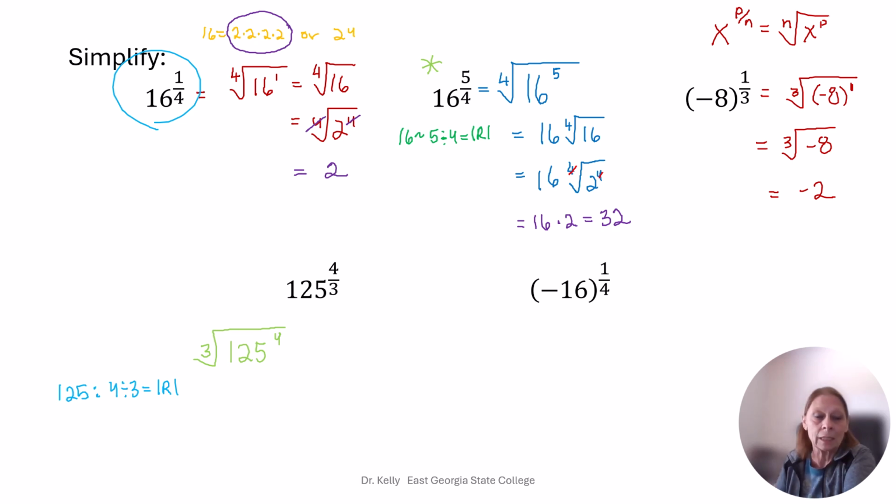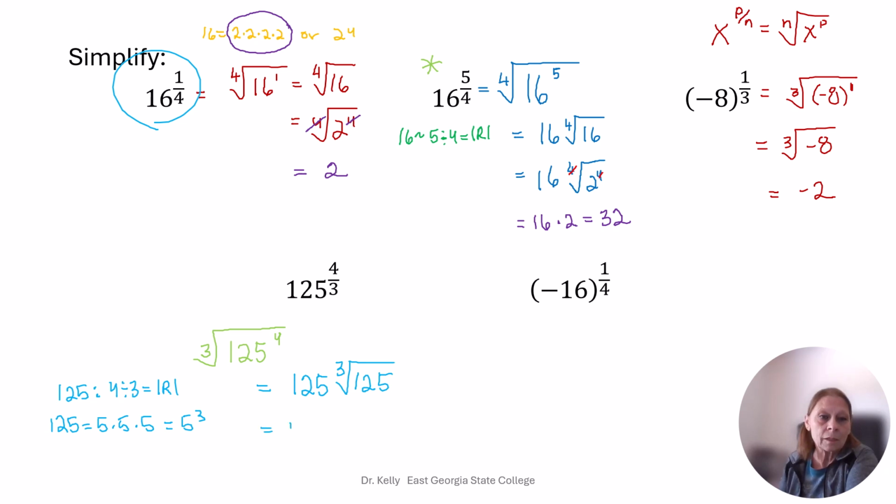So just like we did here, this is going to now equal 125 on the outside, and the 4th root of 125 left on the inside. I don't know why I wrote 4th root. I just messed that up. It's the 3rd root. My bad. The cube root there. And then we know 125 is equal to 5 times 5 times 5, which is 5 cubed.